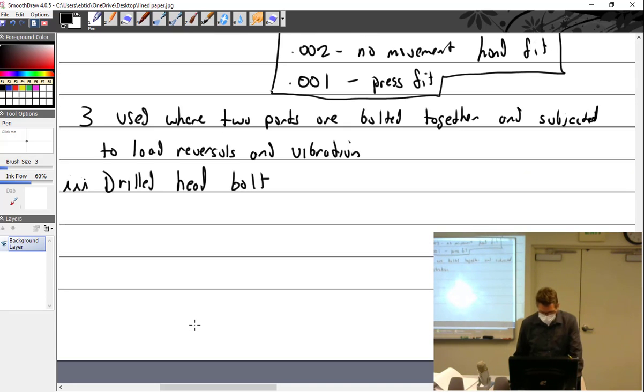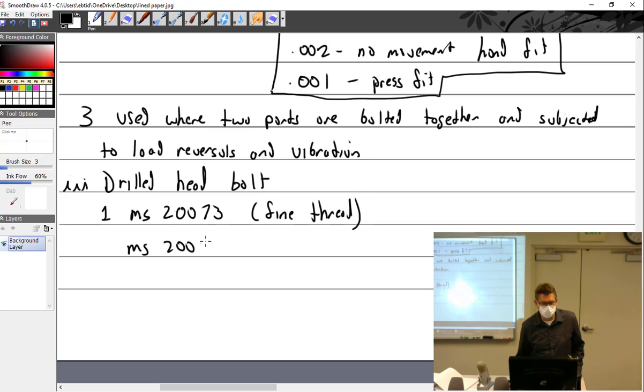So drilled head bolt. That is the MS20073. I'm going to put fine thread. And I'm pretty sure the MS20074 is coarse thread. So those are only MS, those aren't like an AN type?